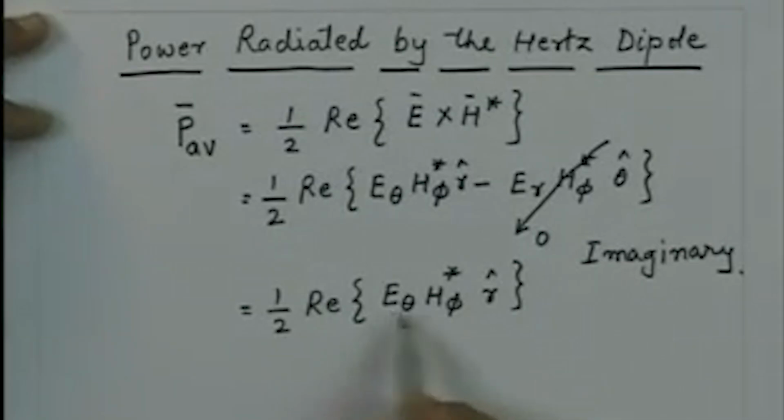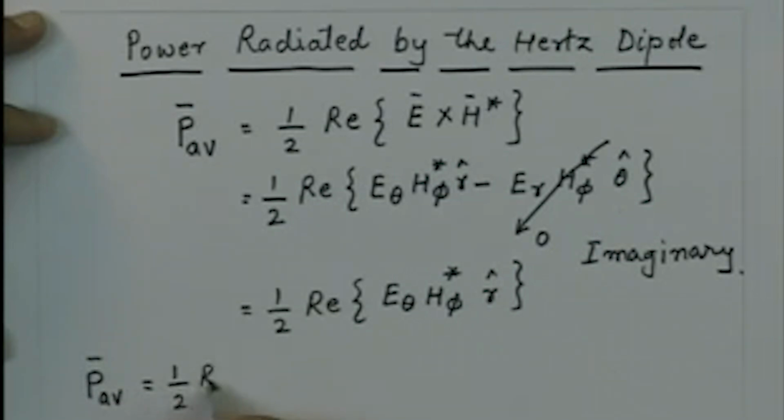We can substitute for E theta and H phi. So, we get the average Poynting vector, which will be equal to half real part of, I can substitute for the electric and magnetic field expressions.